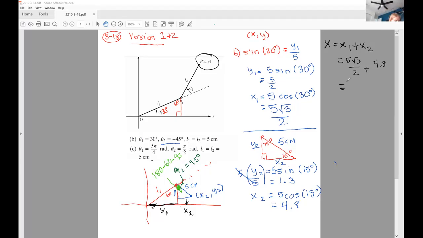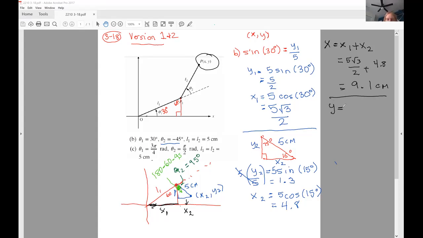Hold on. So 3 times 5, over 2, plus 4.8. So I get 9.1. And I'm really rounding a lot. So this is 9.1 and this is centimeters. That's my X value.